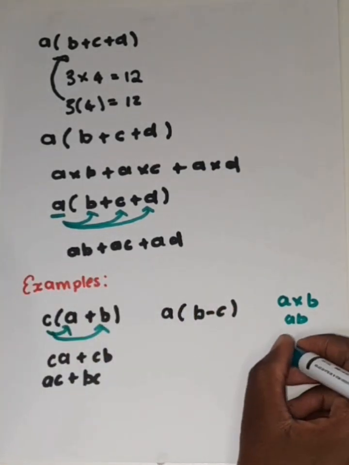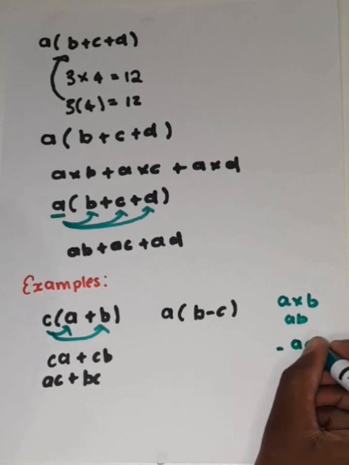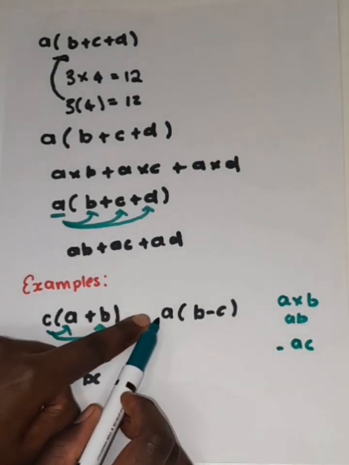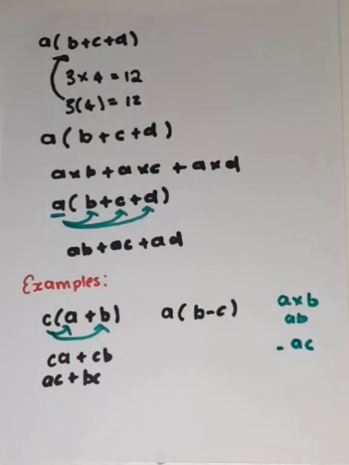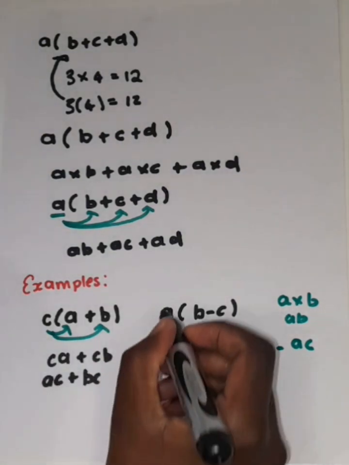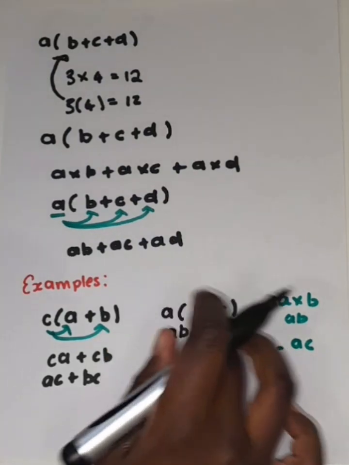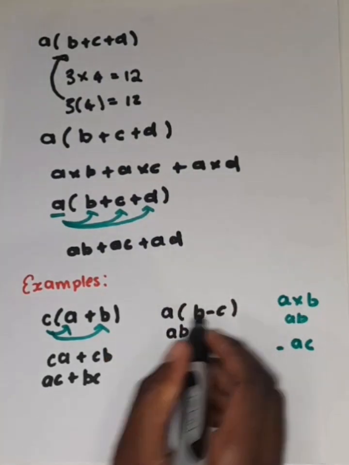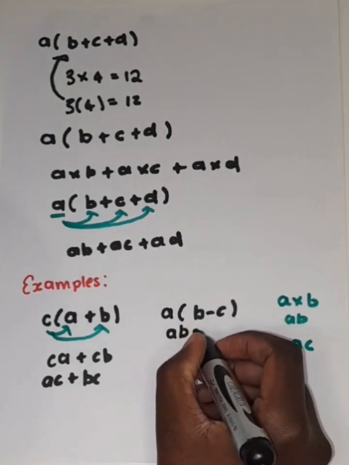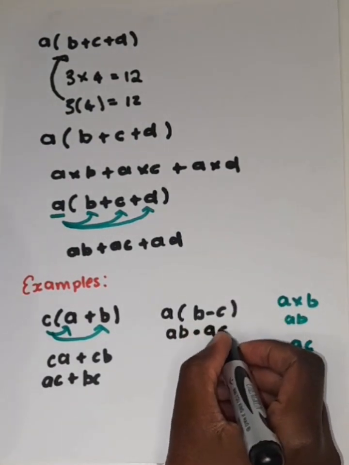So it's going to be negative AC. You see, I started with the A and then came with the C. So it's still going to be the same thing: A into B, which is AB, A times negative C. Always, the sign matters. Negative C, which is negative AC.